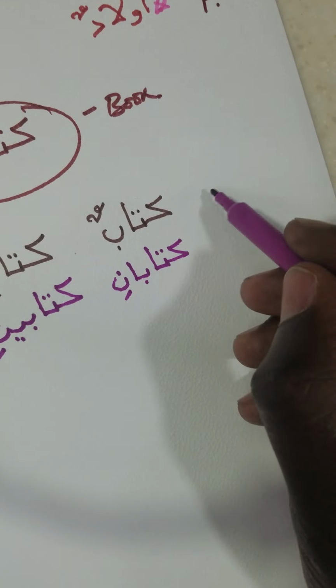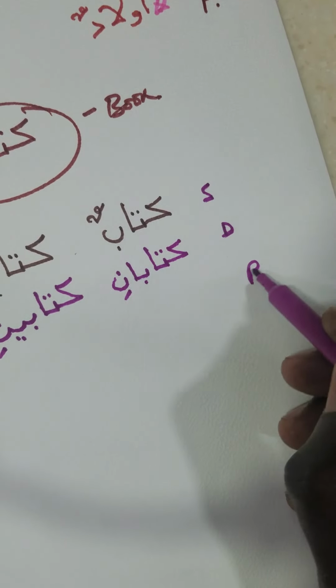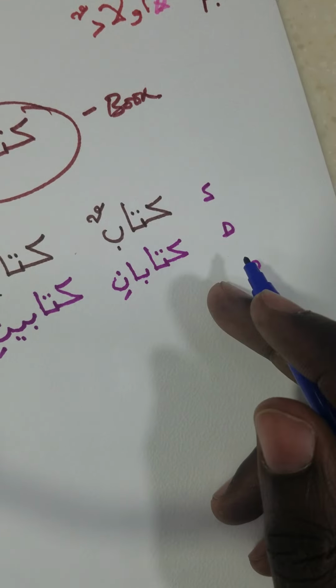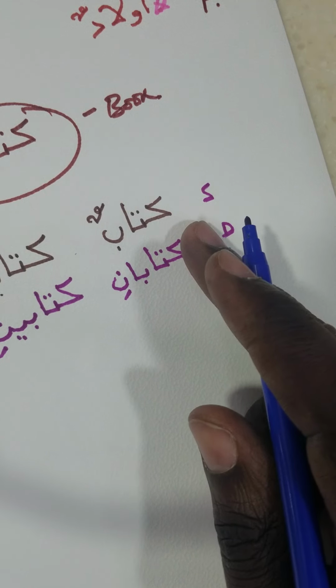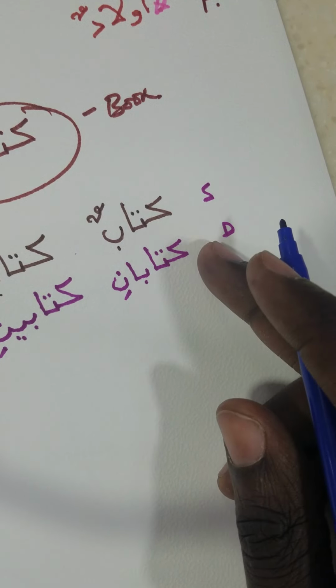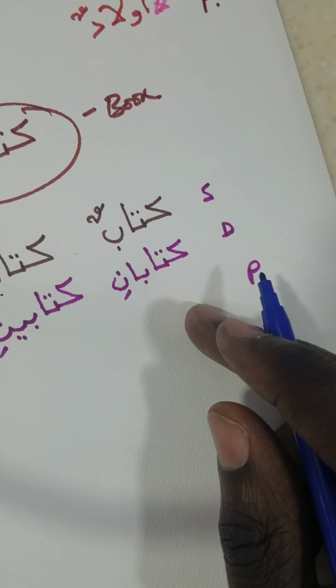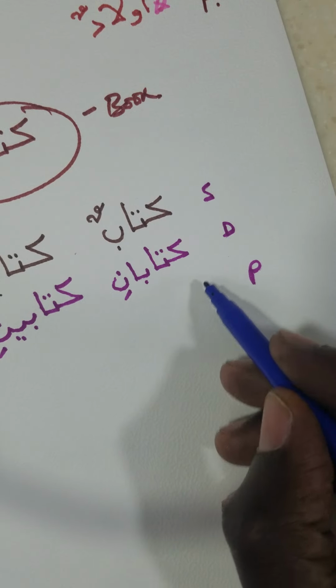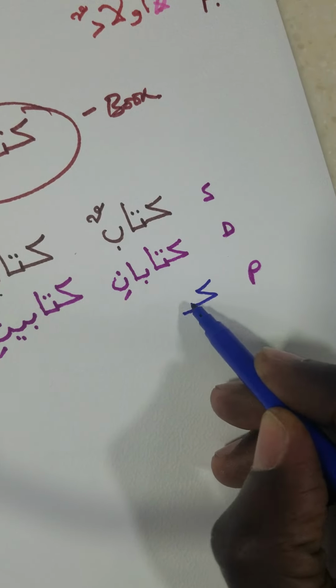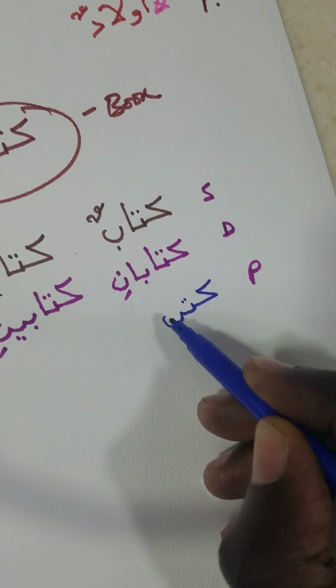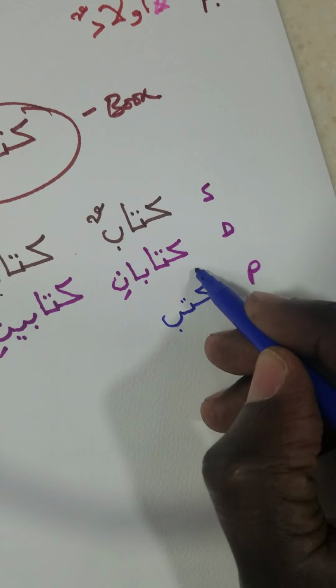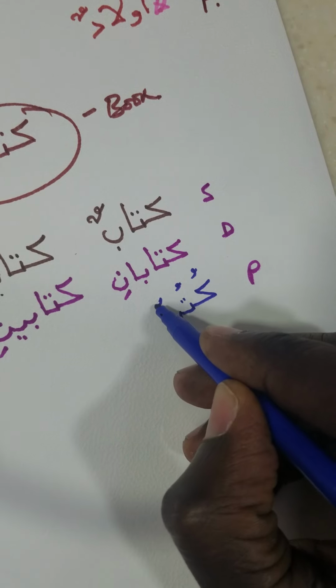Now, this is singular, dual, now plural. This is where the difference comes. The plural for kitab is kutub. So now the first case of kutub is going to be kutubun.